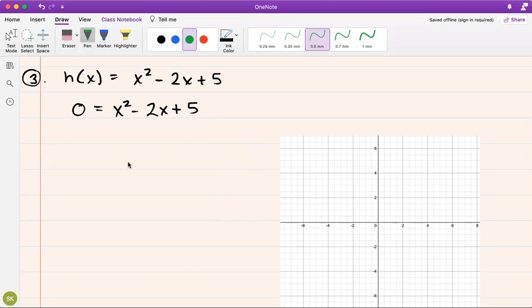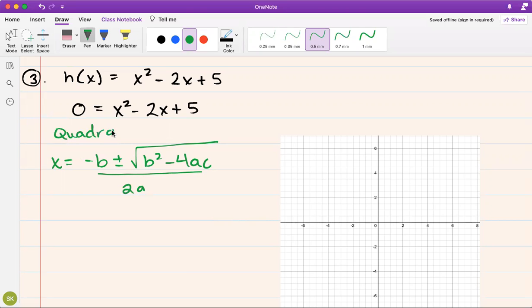So what I'm going to do is I'm going to use the quadratic formula. Now, we need to mention that in the quadratic formula, let me write it down. This is the quadratic formula. Okay, how you can tell if you have a real root or if you have complex roots is by this piece right here.